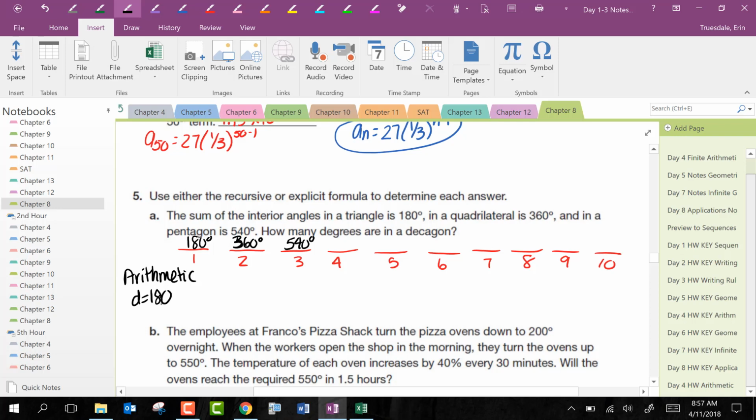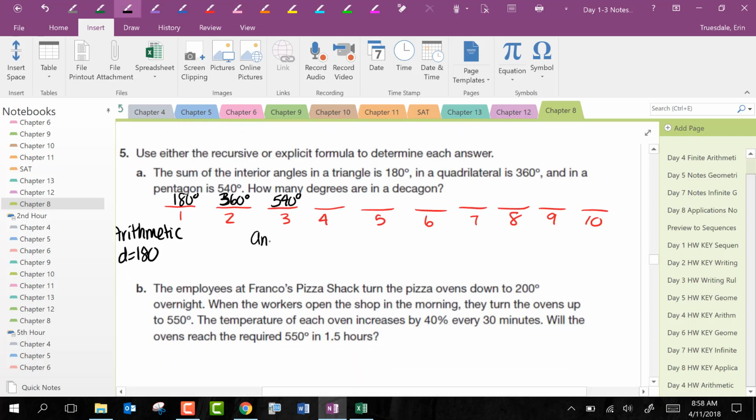Okay, let's see if we can write the rule then. And so again, I will write out the general equation. Okay, and so we have AN equals A1. Do we have the first term? What are we starting at? 180 plus, what's D? 180 times n minus 1.